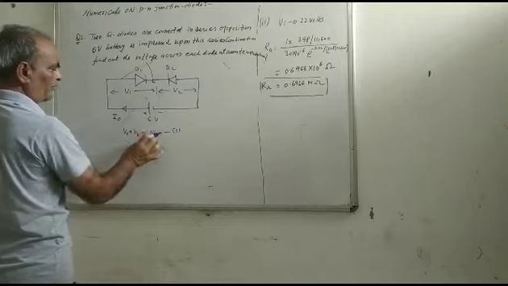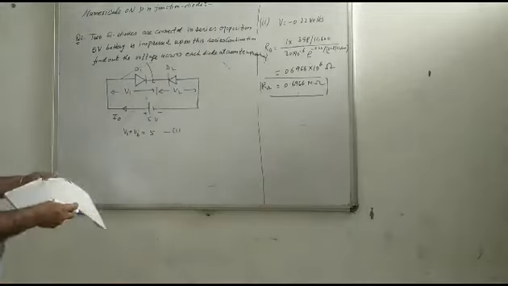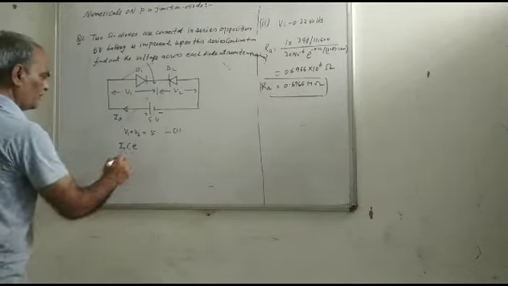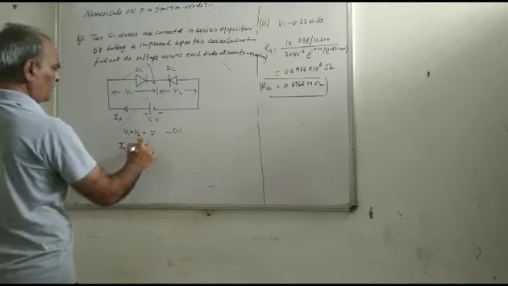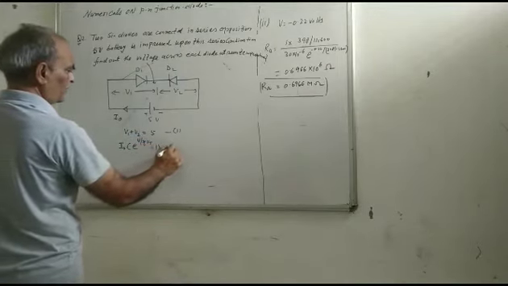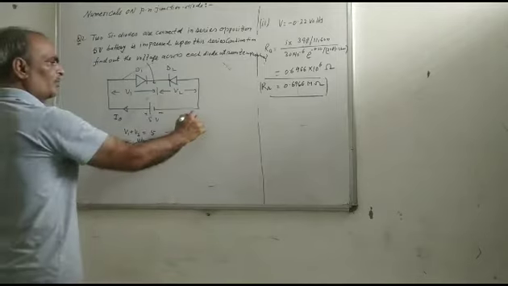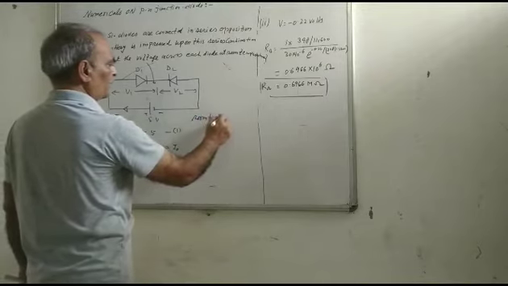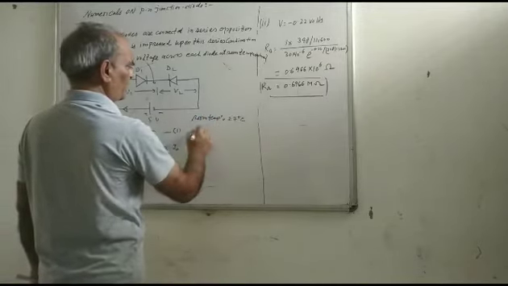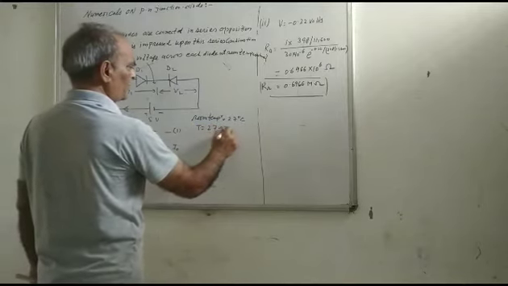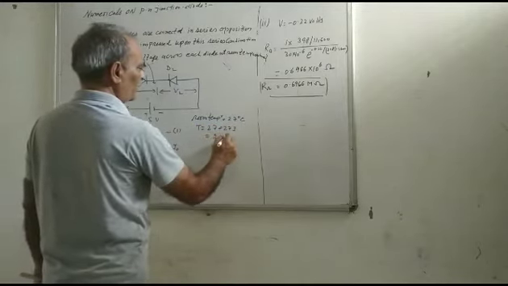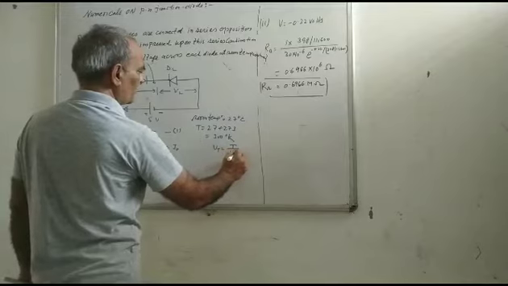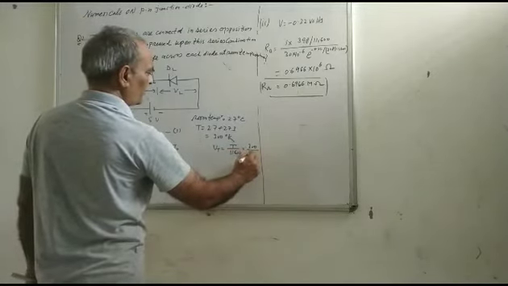The sum of the voltages of the two batteries is 5 volts, and the current in this circuit is I0 e to the power V upon eta Vt minus 1, is equal to 5. Assume room temperature, any value; here we take 27 degrees centigrade, so T is equal to 27 plus 273, which is 300 degrees Kelvin. So Vt is equal to T upon 11,600, that is 300 by 11,600.